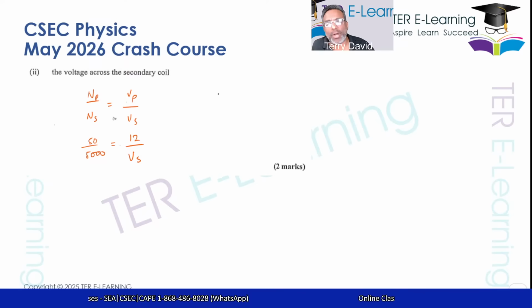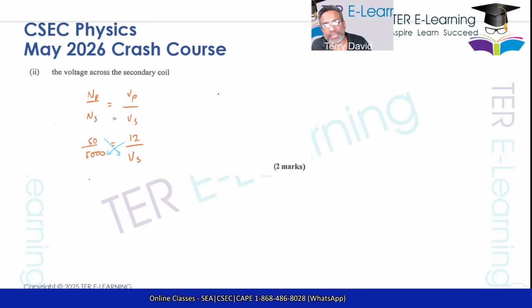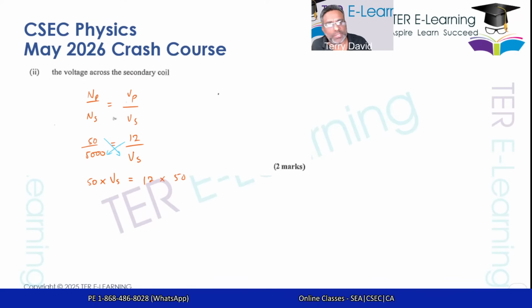Remember, it's a step-up transformer, so we expect the voltage to be higher. So this is 50 by VS is equal to 12 by 5,000. So we cross-multiply, and we get 50 by VS is equal to 12 multiplied by 5,000.